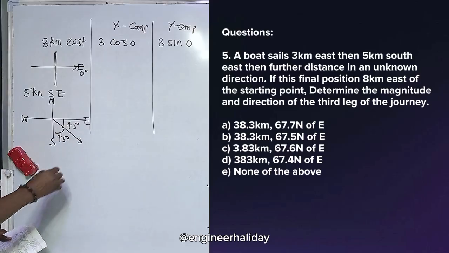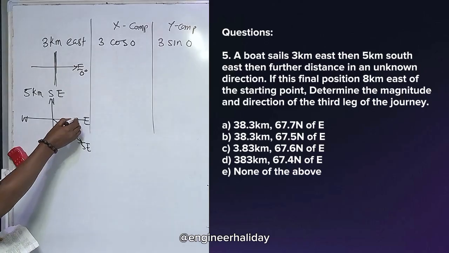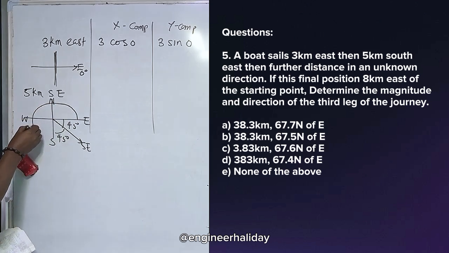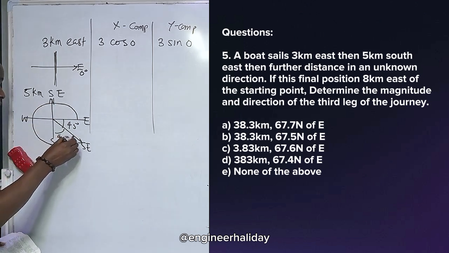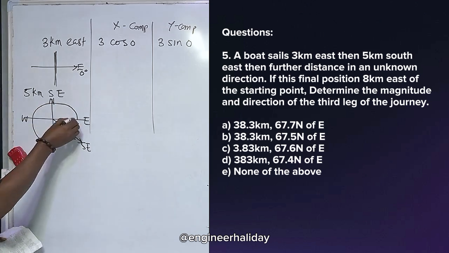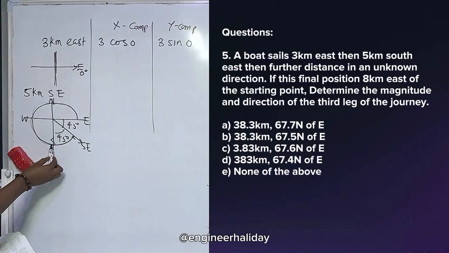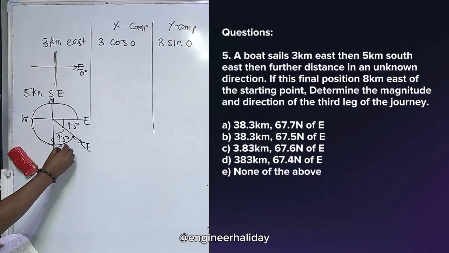That is according to vector, but according to bearing. Vector says we should rotate anti-clockwise until you get to that point. Here is 90, 180, 270, plus 45 is what?